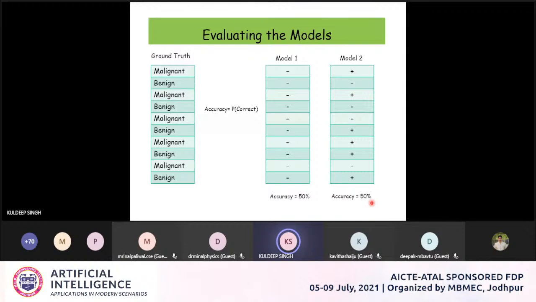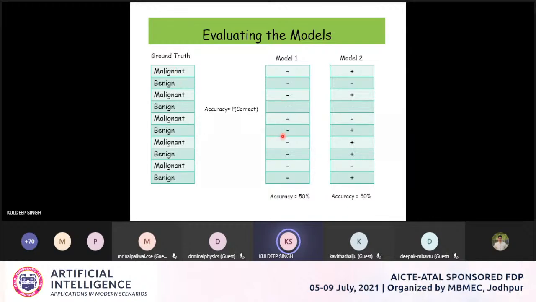So I would have a question to all of you. Which model is the better one? We can't judge it based on a single parameter, that is accuracy. In my opinion, model 2 is better. At least it is able to distinguish between these two classes.